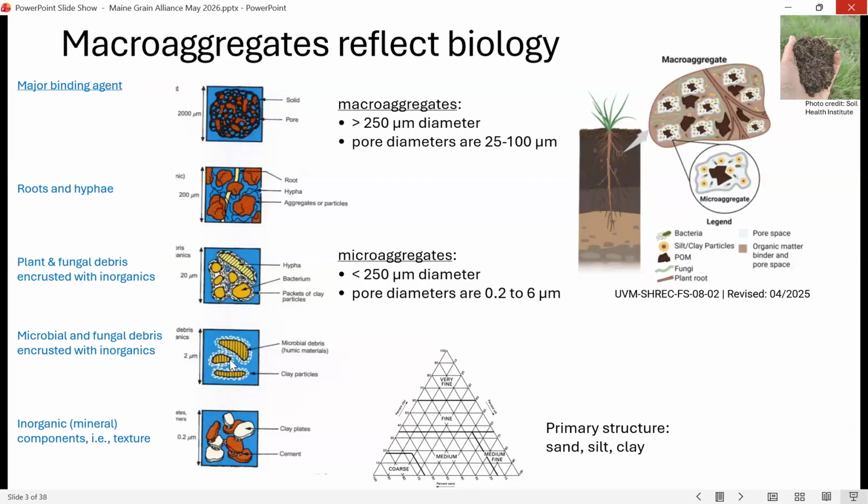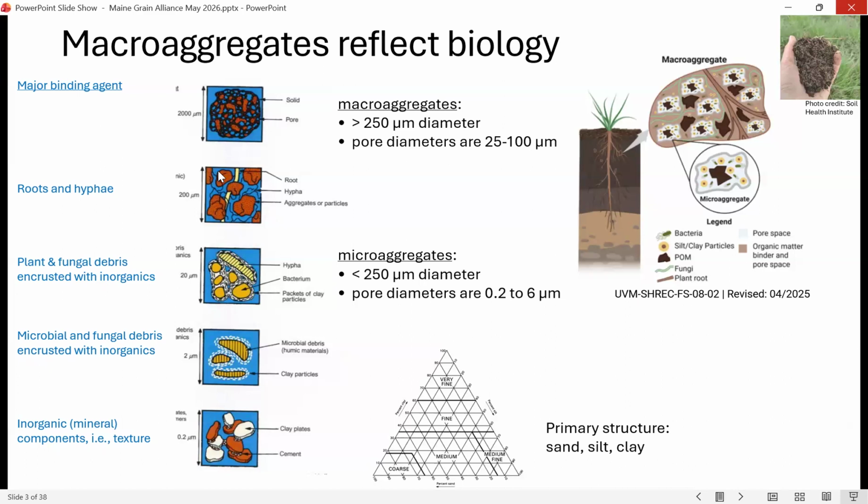And then we have the glue: polysaccharides, kind of like sugars, that often accompany bacteria and help glue these particles together. And then we have fungal hyphae. Hyphae are like threads, and they can knit this together. And on top of that, we have plant roots, and then the fine roots integrating.